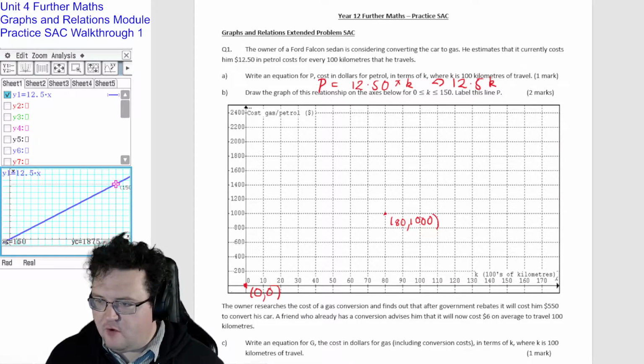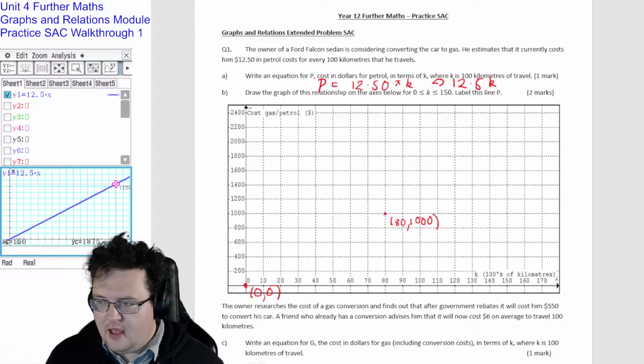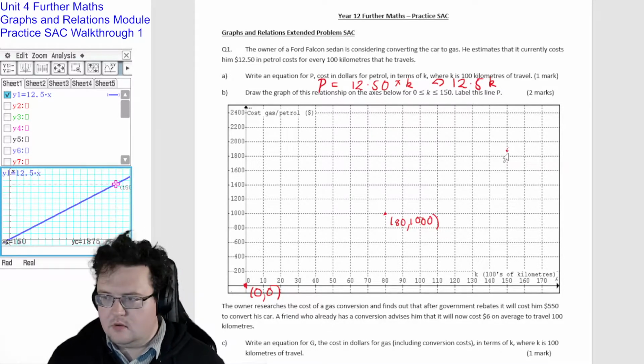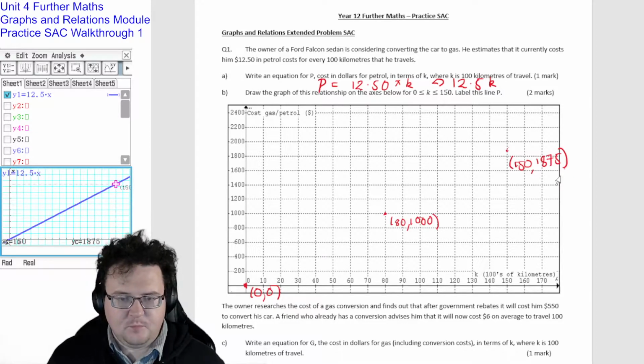Halfway between 1800 and 2000 is 1900, and then three quarters of the way to halfway is going to be our last point there. So that's 150, 1875.